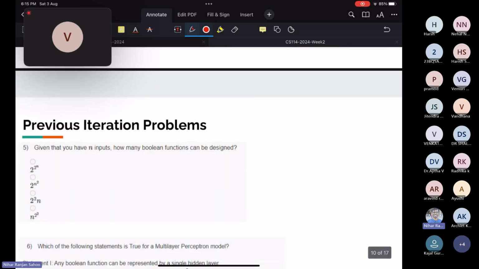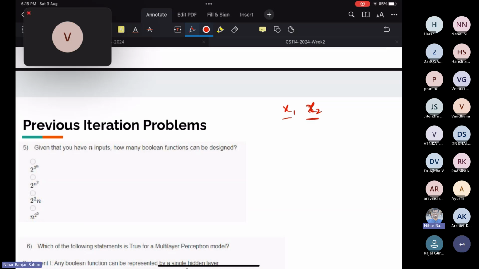Next question: given that you have n inputs, how many Boolean functions can be designed? It's asking about the number of Boolean functions. Let's take the example of two inputs, x1 and x2.